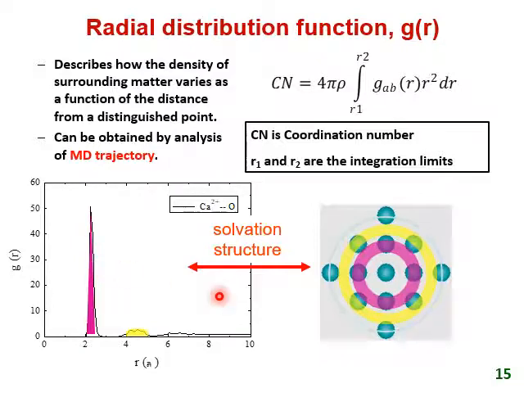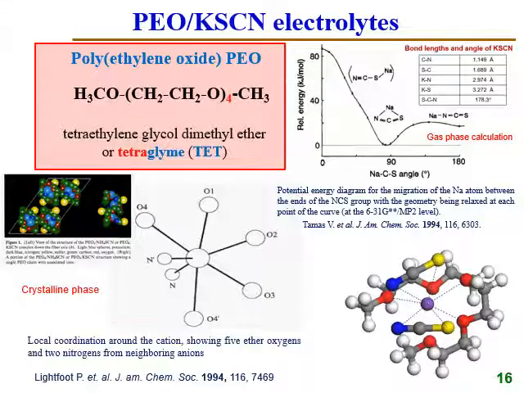For example, in this figure, we can see the first solvation peak in red and the second solvation peak in yellow, which is also denoted in this picture. We can also determine the number of atoms in this solvation shell by integrating the area under this curve, and we call this number the coordination number, Cn.